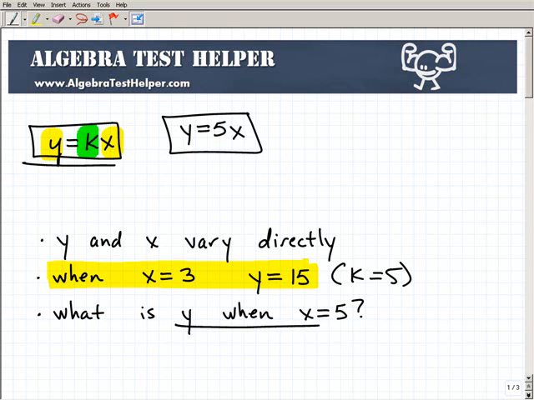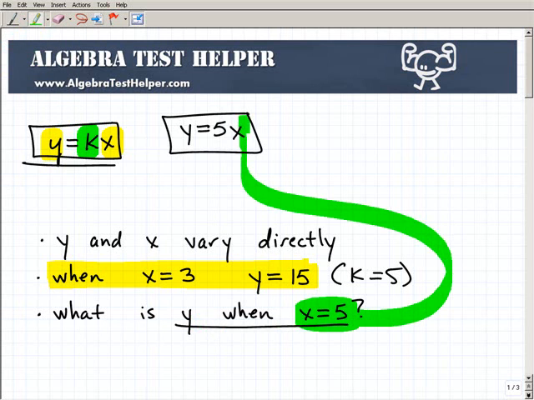So what is y when x is equal to 5? Well, that's really easy, right? So when x is equal to 5, all I have to do is plug in that number right here, and I can know what the value of y is when x is equal to 5. So let's go ahead and do it. Y is going to be equal to 5 times 5. When x is 5, just going to plug it in right there. So y is equal to 25. That's it.